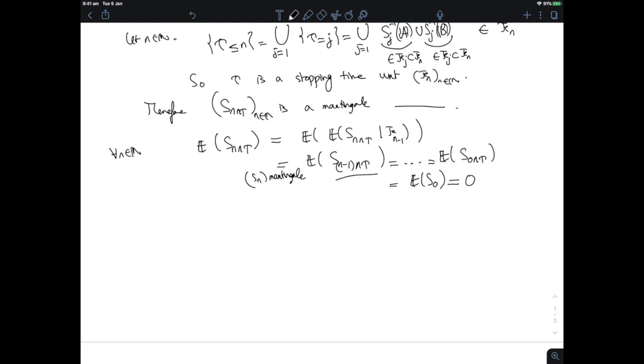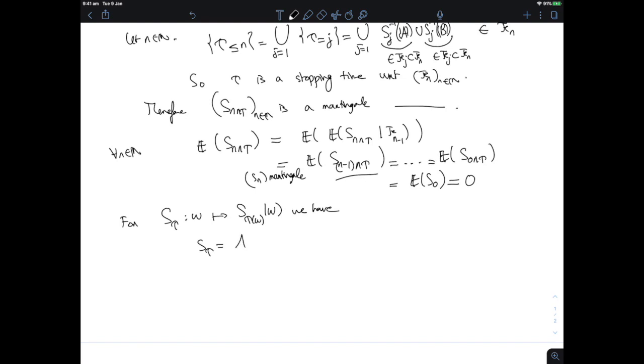Now notice that S_tau, which is the variable that sends omega to S_tau(omega), by the way, you need to interpret that correctly, is equal to what? Well, there are two possibilities. Either you exit through A, or you exit through minus B at the exit time tau.